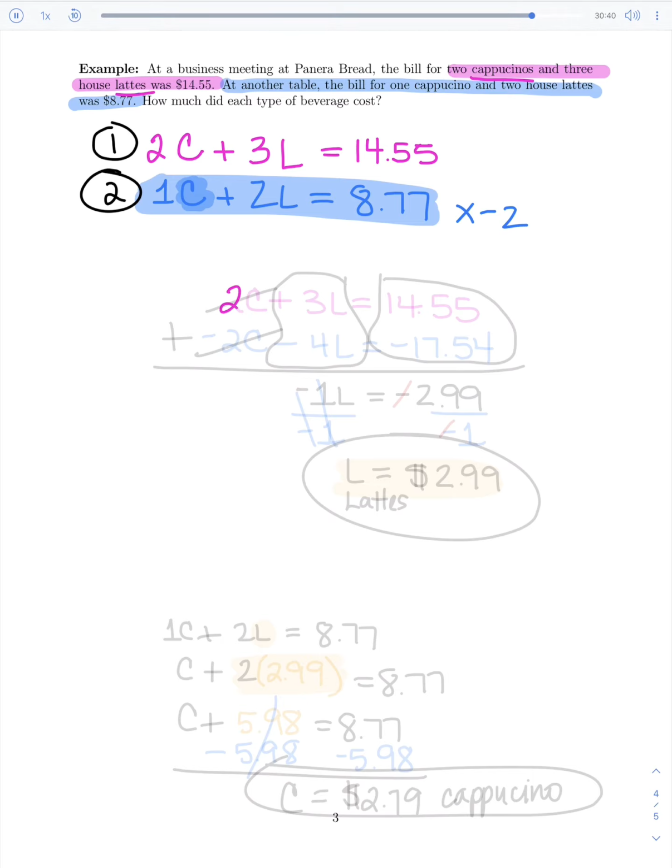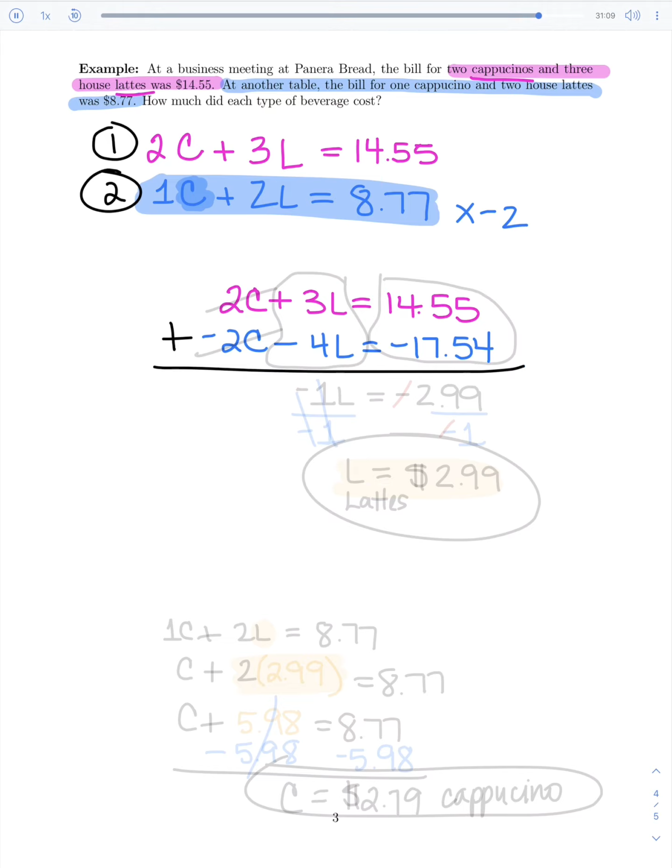I'm going to leave my first equation alone, and multiply that second equation by -2, which will give me -2C, -4L, and then 877 times -2, which will give me -1754. Then I can just go ahead and add normally.